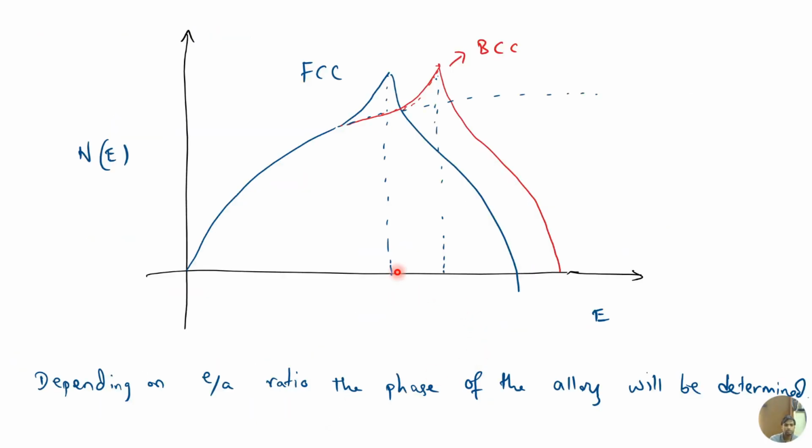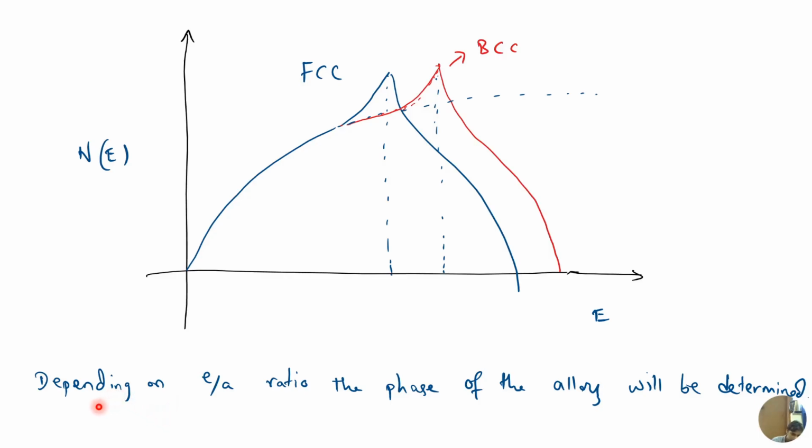Okay, so if you plot FCC and BCC, the density of states looks something like this. Based on the E by A ratio, the system will try to minimize the energy. For example, in this region, the energy to form FCC is lower than the energy to form BCC.